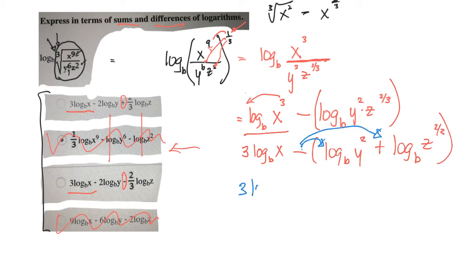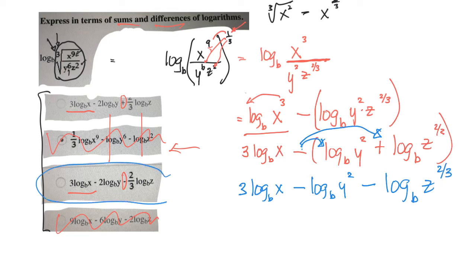So I'll have 3 log base b of x minus log base b of y squared minus log base b of z to the 2/3. Now that says that this has to be my answer right there.